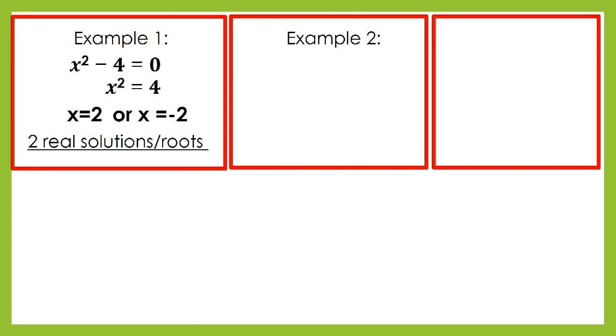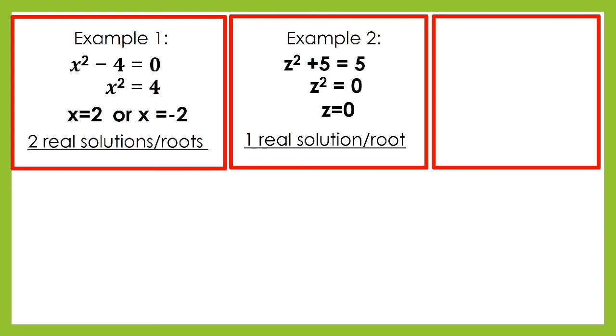In example 2, z squared plus 5 equals 5. We transform it into z squared equals 0. By applying the extracting square roots, we get z equals 0. We have here 1 real solution or root.